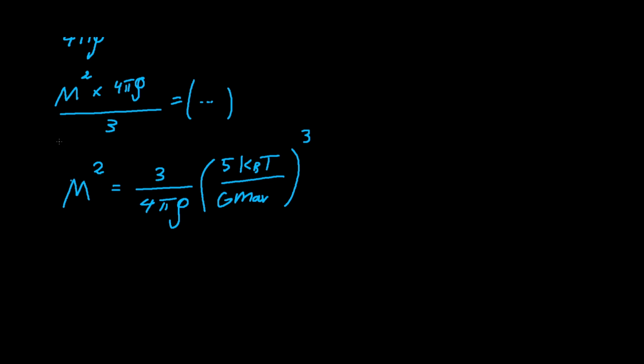And we don't want M to the second power, we want it to the first, so we put both sides to the half power. And we obtain what we wanted.